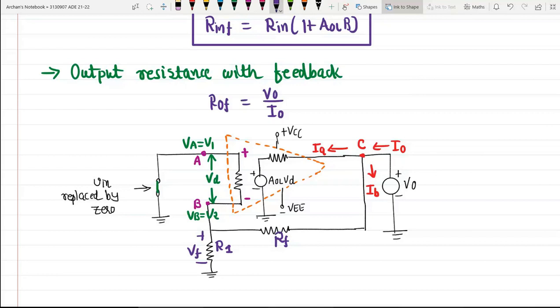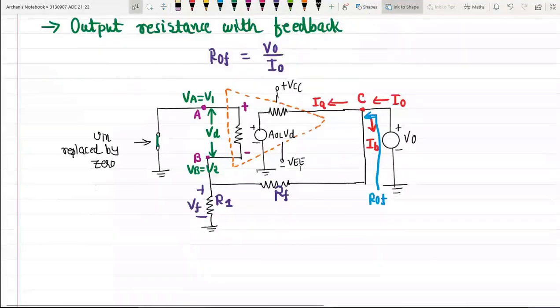If we look back from this way, it will give us the value of output resistance with feedback. So let us try to find this ratio V0 by I0 by simply applying Kirchhoff's current law, because ultimately we are interested in finding the equation pertaining to I0 as well as V0.